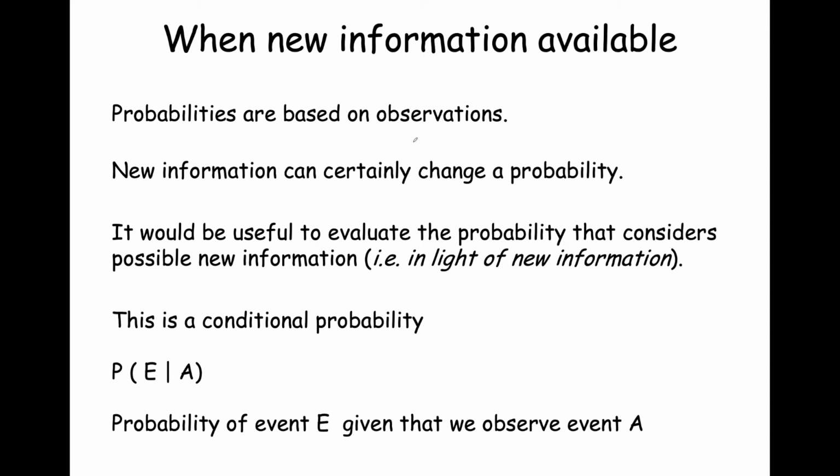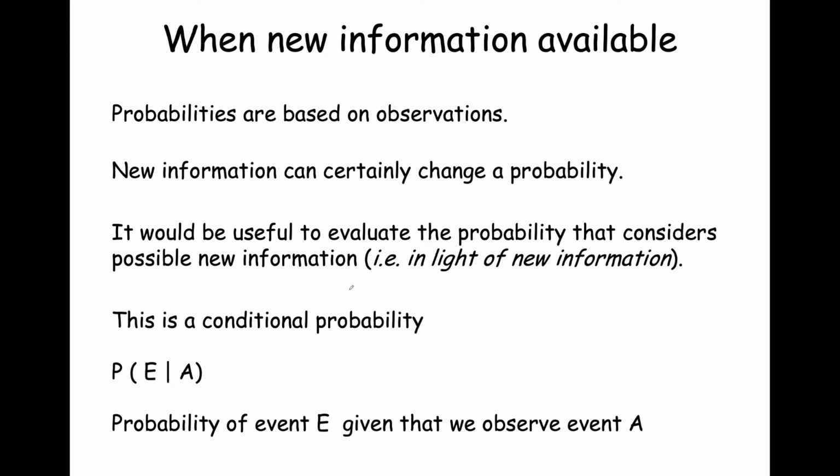These are random variables, measurements over events, and new information, when you get it, can certainly change the probability. And we saw that when we went from looking at all of the possible bins to just bin number 5. And so it would be useful to be able to evaluate a probability that considers possible information, this idea of what happens in light of new information. And this is exactly what a conditional probability is doing.